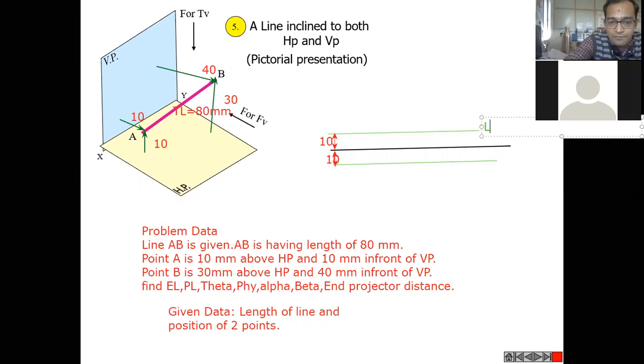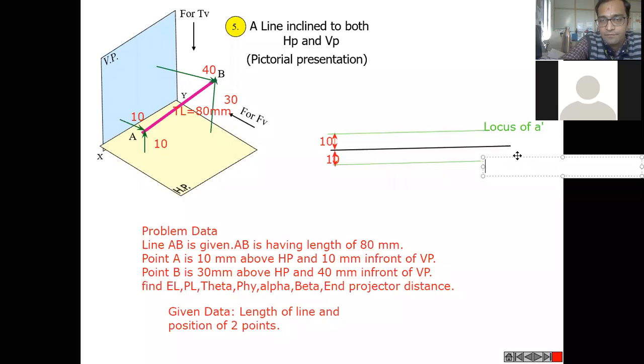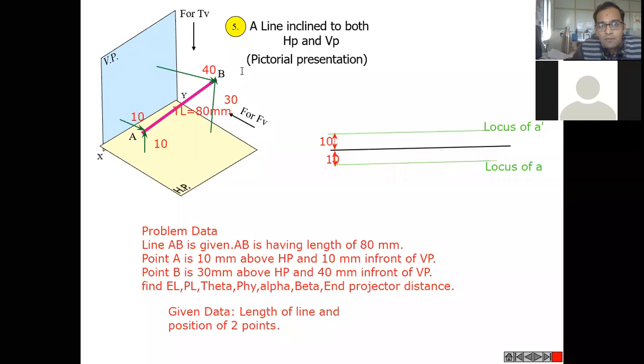locus of A dash, and the region which is available over here is going to be called locus of A. Now we need to identify the position of A dash and A also. So what we do, we are just placing one reference over here and we are noting it as A dash. इस point को consider करके उसे A dash नाम दे रहे हैं.